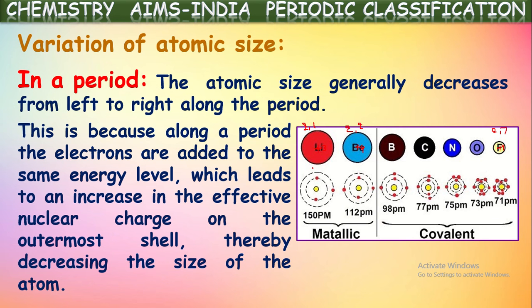So as we move from left to right, from lithium to fluorine, size decreases because the number of electrons in the valence shell increases and nuclear charge also increases. Thereby the nuclear attractive force increases, and hence size decreases. That is why we say that in a period atomic size gradually decreases from left to right.